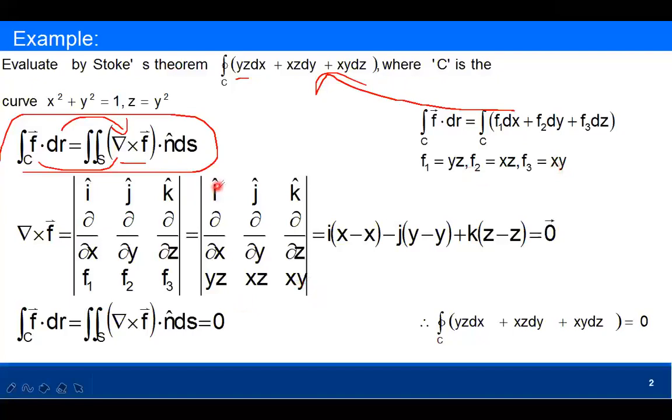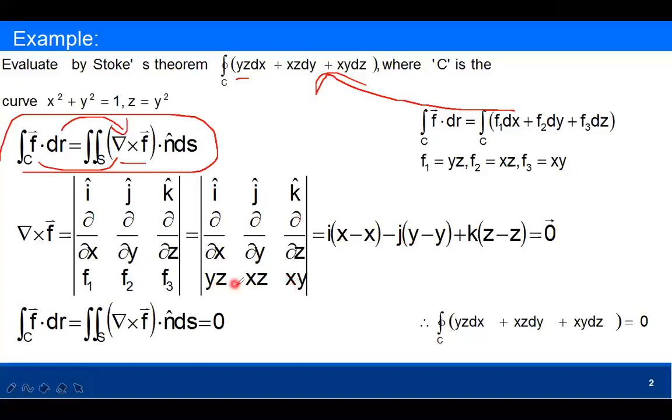I into, eliminating this corresponding row and column, dou by dou y of xy, with respect to y is 1 into x, minus dou by dou z of xz, with respect to z is 1 into x, which is x. Minus j into, eliminating this row and column, dou by dou x of xy, with respect to x is 1, y, minus dou by dou z of yz.